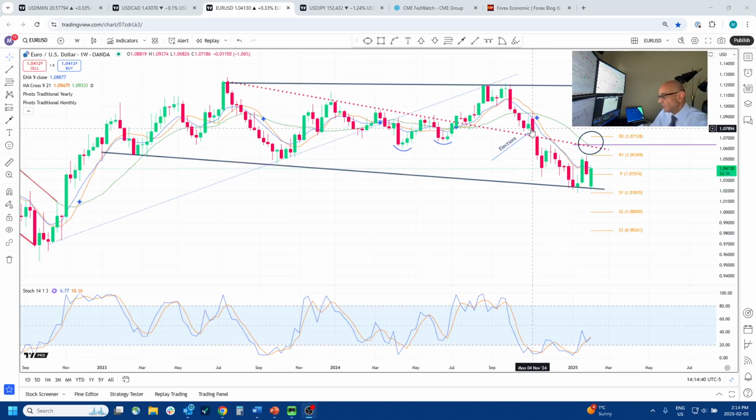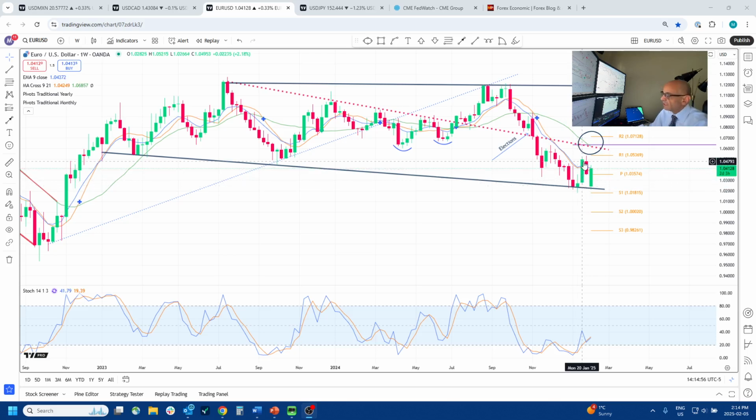Following the US elections, the Euro-Dollar broke below an intermediate declining trend line, the dotted red line we see on the chart, and resumed its drop to reach this support level.